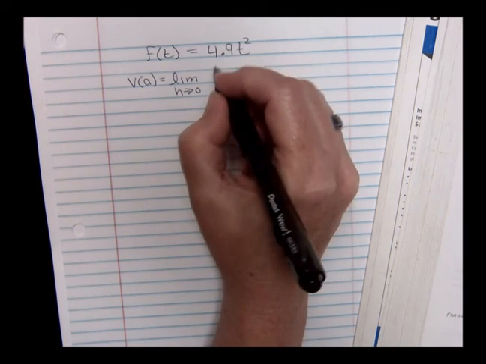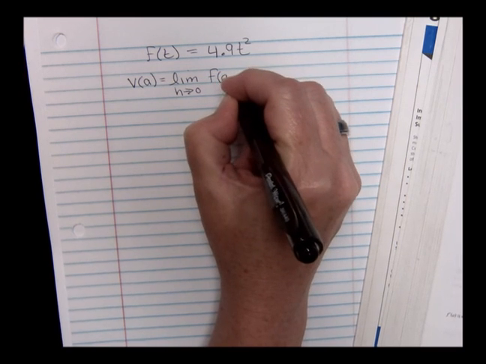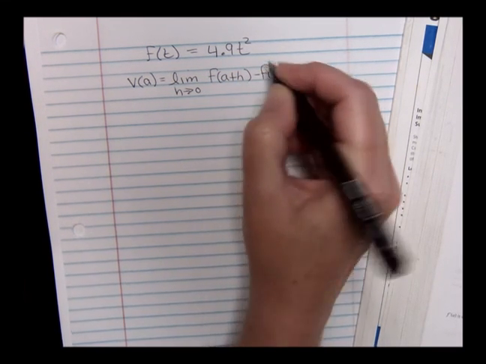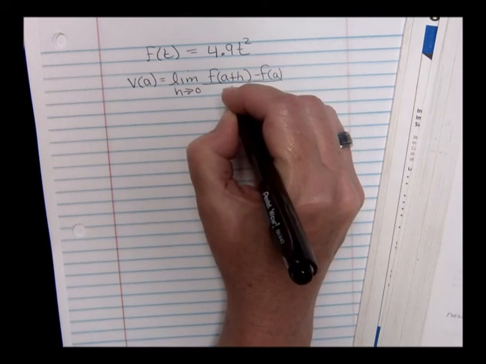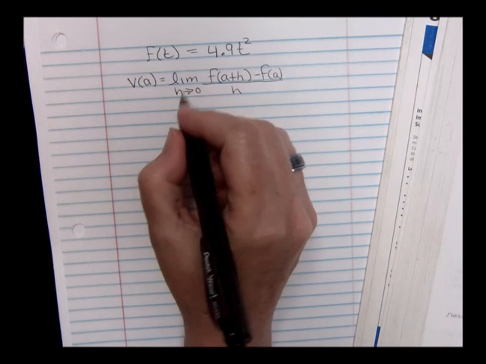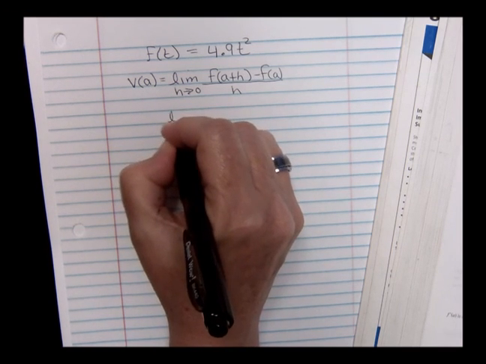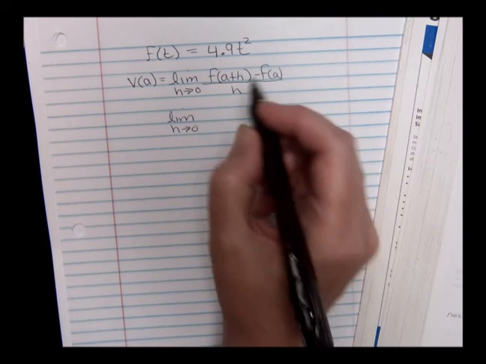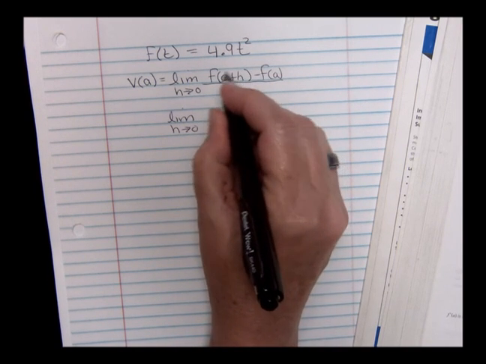So I have f of a plus h minus f of a, all of that over h. And if I substitute in my values, then I have my limit as h approaches 0.